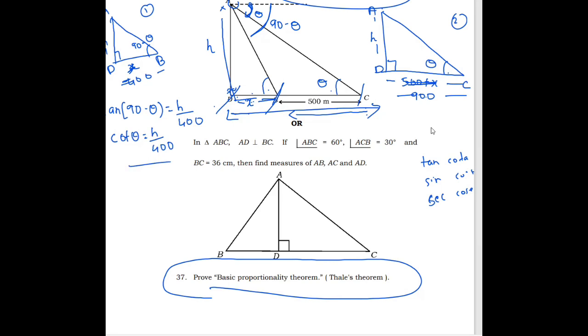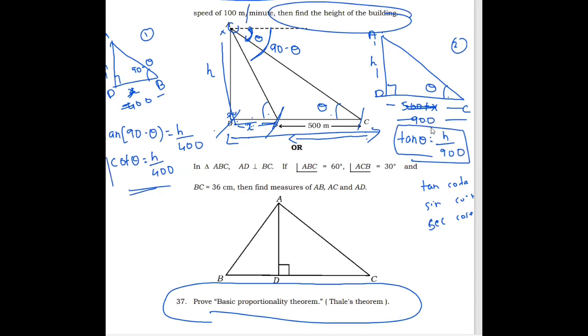This equation comes from this triangle. For the other triangle, tan theta is equal to height by 900. So now I got two equations like this. Now I'll replace 400 going up: 400 into cot theta is equal to h.